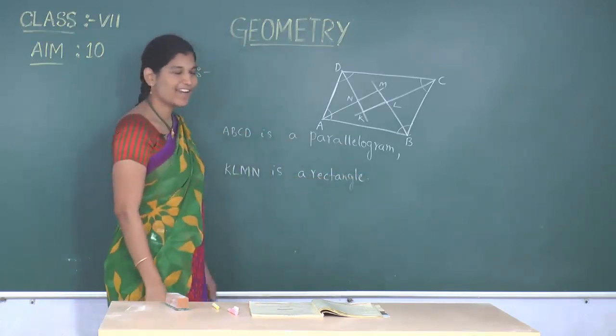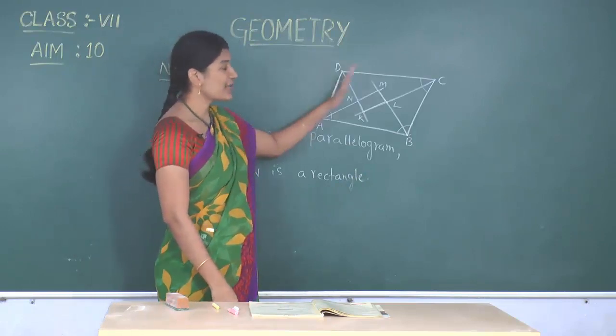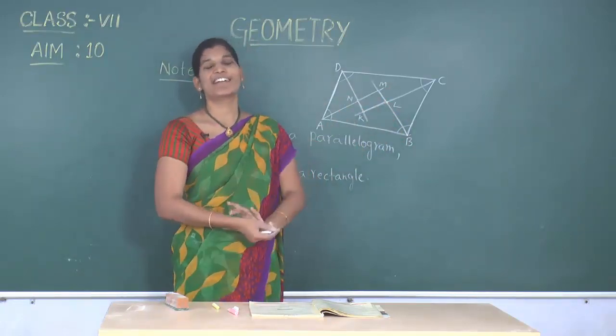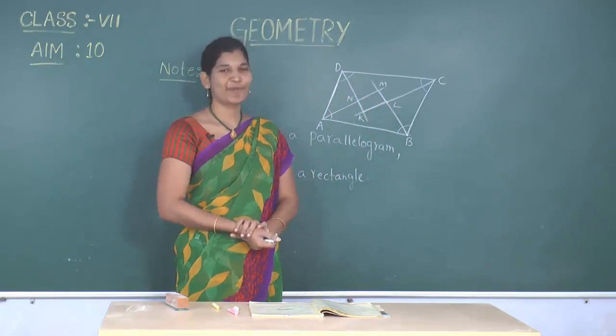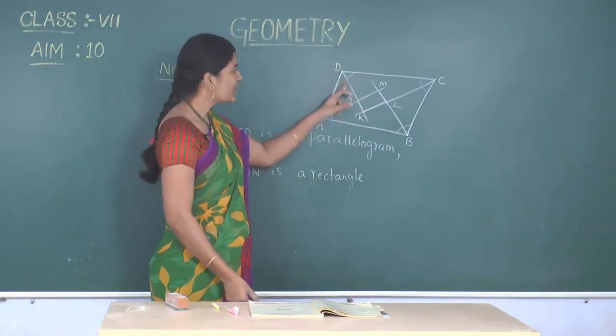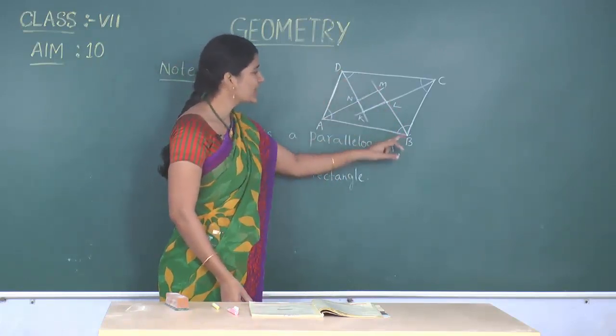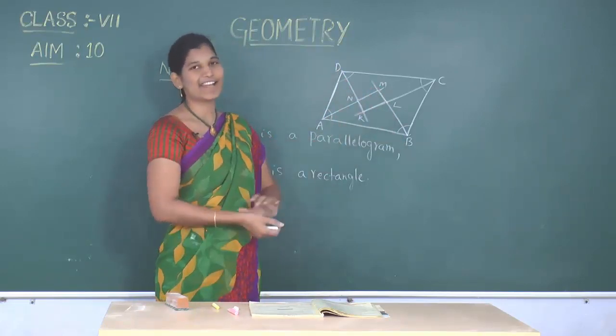So we can say the angular bisectors of a parallelogram form a rectangle. This is also one of the important properties: angular bisectors of a parallelogram form a rectangle.